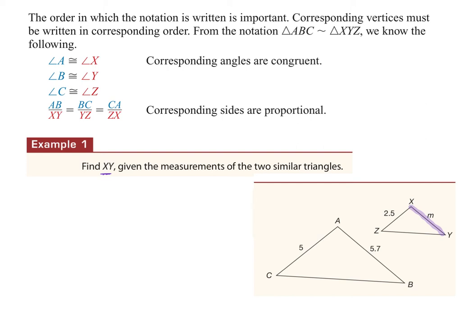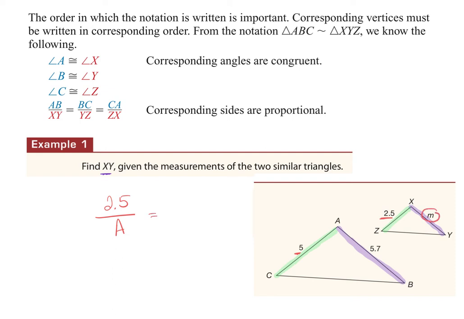So what we're going to do is set up a fraction with the other two. Set up a fraction with the one that you have both of them. I have XZ and I have AC, and those correspond to each other. So my XZ goes along with my AC, which means that my XY, which is what I'm looking for, goes along with my AB. Now, I don't know my XY yet, so they have given me a variable.